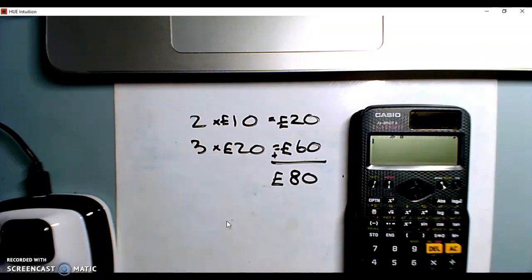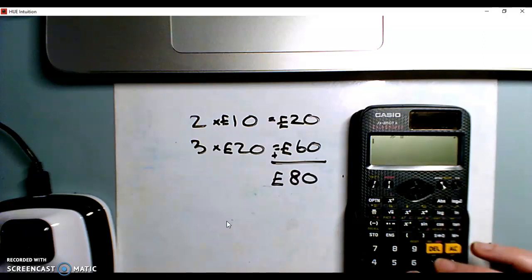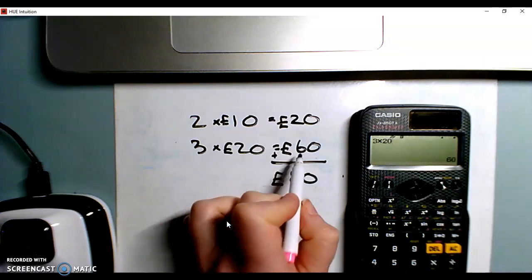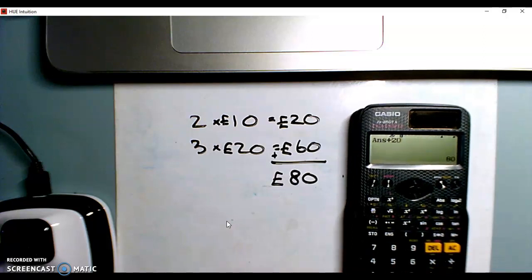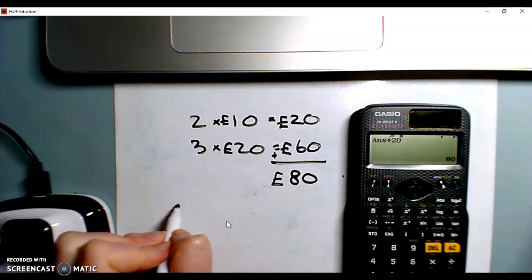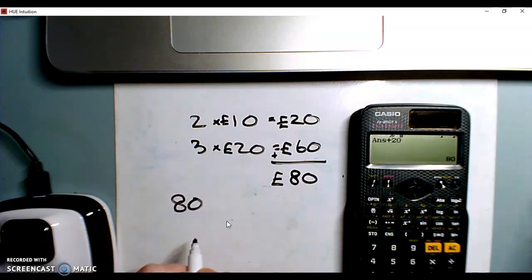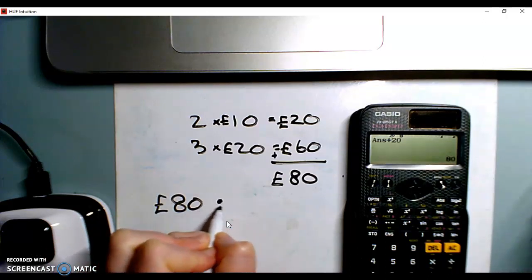So I'm adding this up. Again, to double check, 2 times 10 is going to give me 20. Then I'm going to go 3 times 20, gives me 60. Then I add those together, and it's going to tell me how much money I have all together. So all together I have 80 pounds. And I want to know how many 5-pound notes go into 80 pounds. Or how many 5-pound notes will I need?